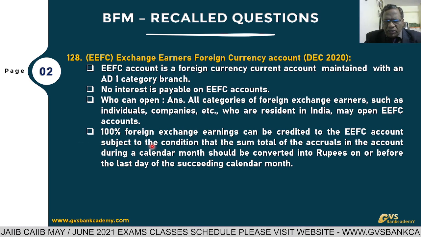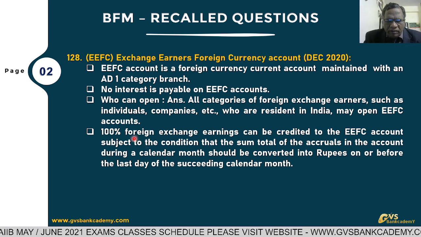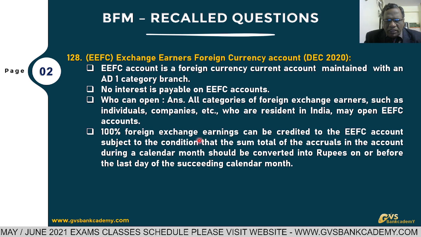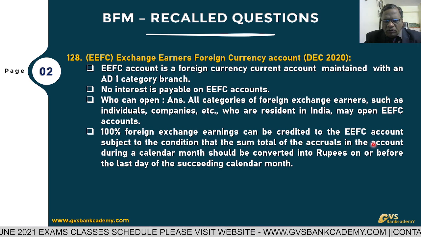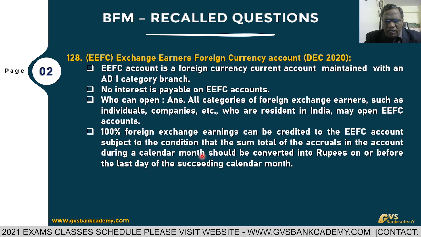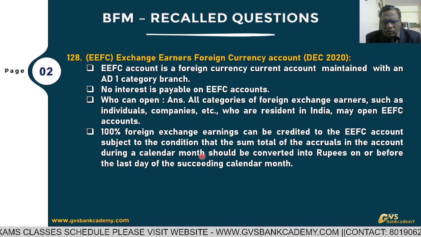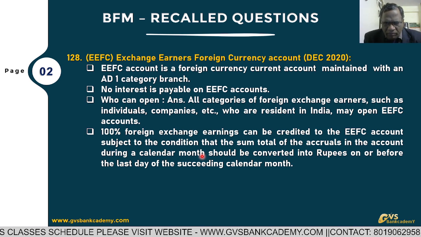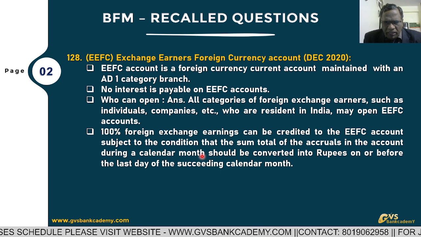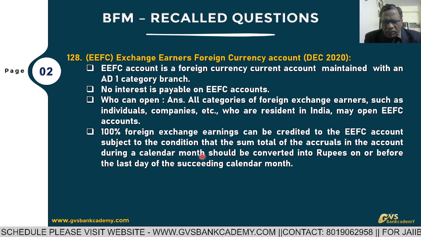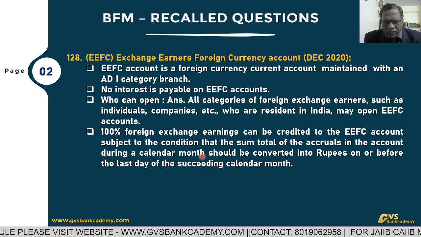But one condition is there. The sum total of the accruals in the account during a calendar month, that is, whatever is outstanding in this account by the end of the calendar month, means the current month, should be converted into Indian rupees on or before the last day of the succeeding month.